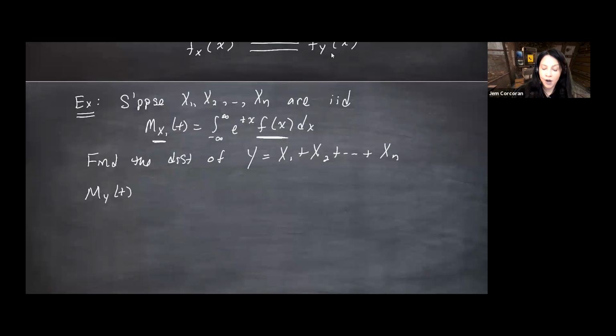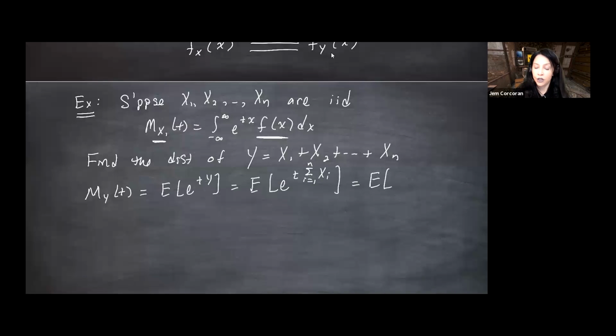Okay, so the moment generating function for Y is the expected value of e to the tY. This is the expected value of e to the t times the sum as i goes from 1 to n of the Xi. This is e to a product. So that symbol is like the big sigma notation for a sum. That's a product of e to the t Xi.